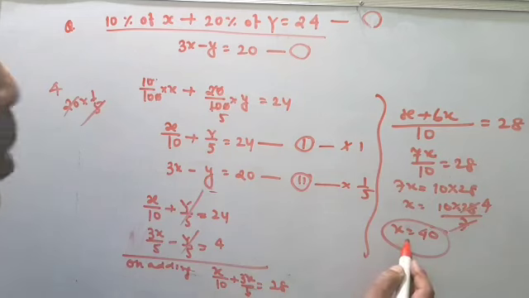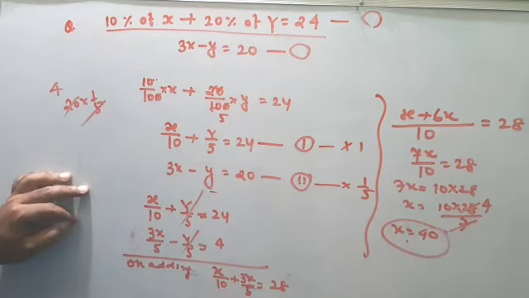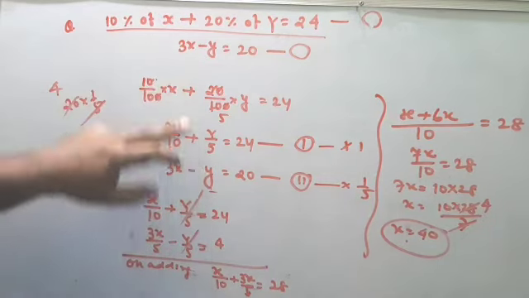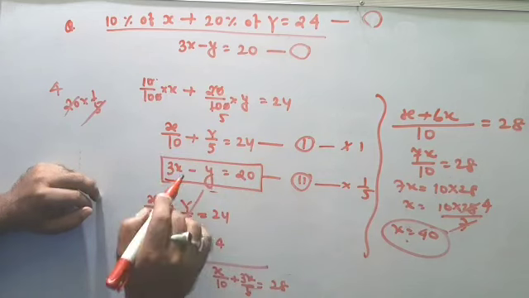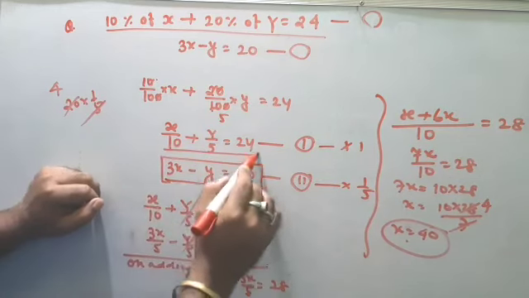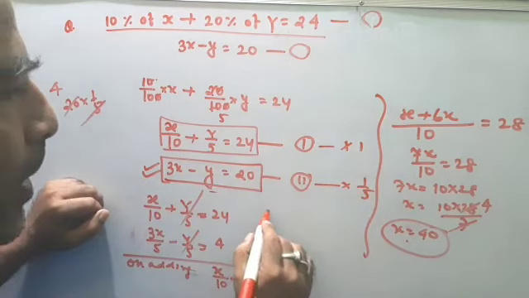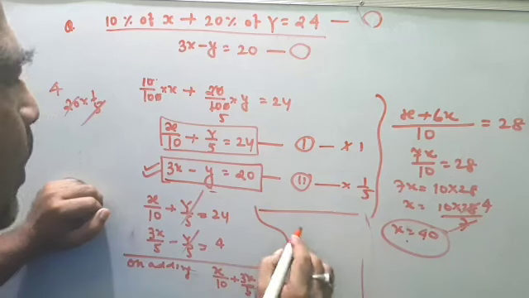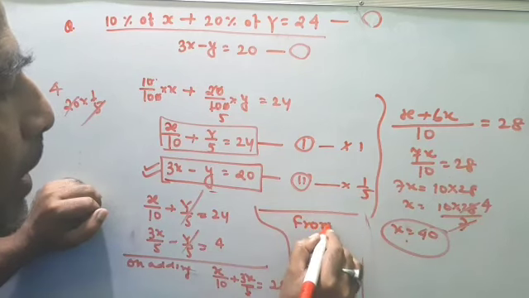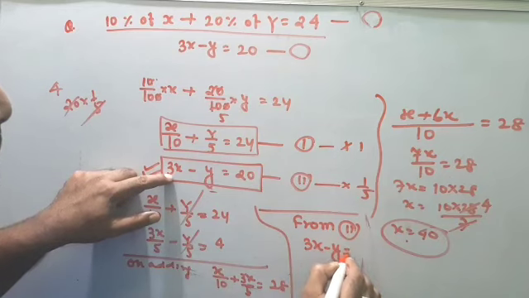Now putting the value of x in any equation, which equation do you use? I use equation 2, because this is easy. This one is somewhat complicated, that's why I use equation 2. So here I solve from 2. 3x minus y is equal to 20.